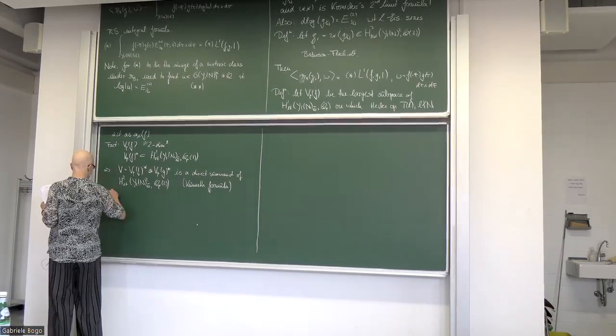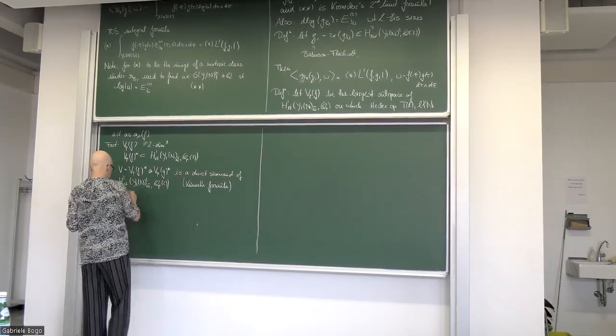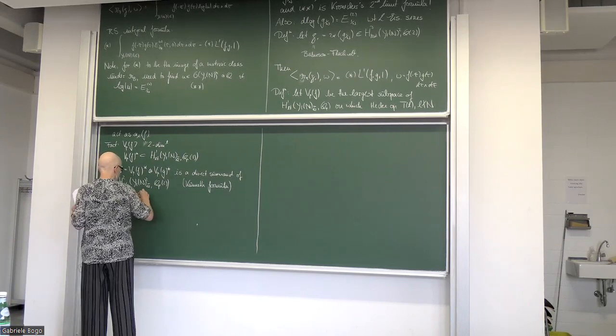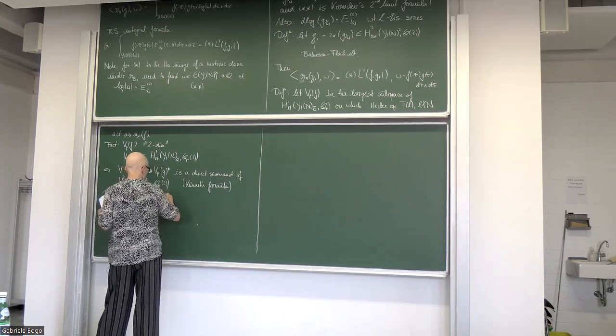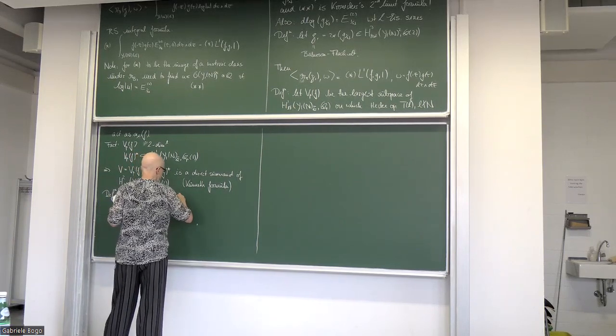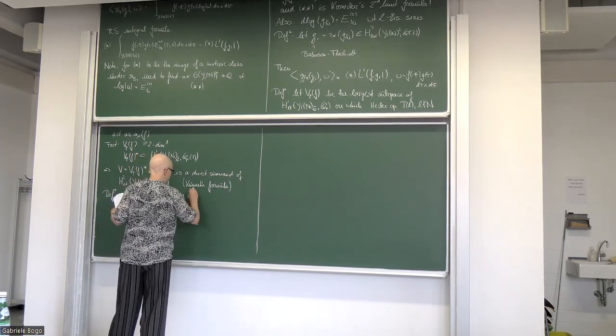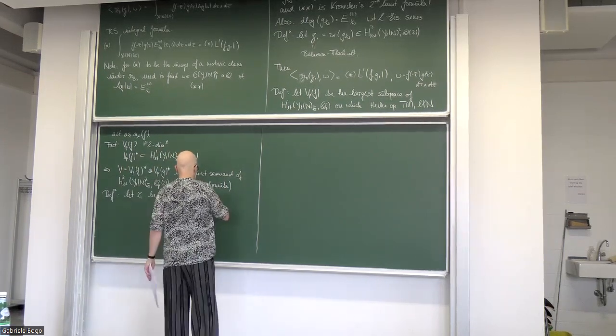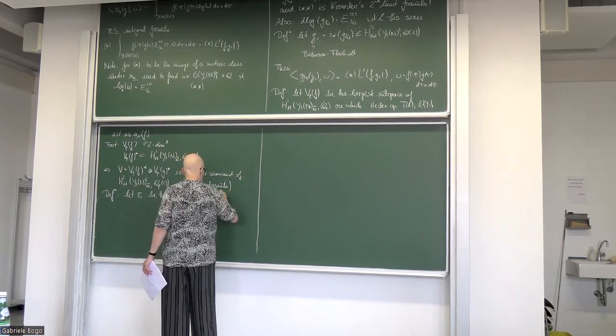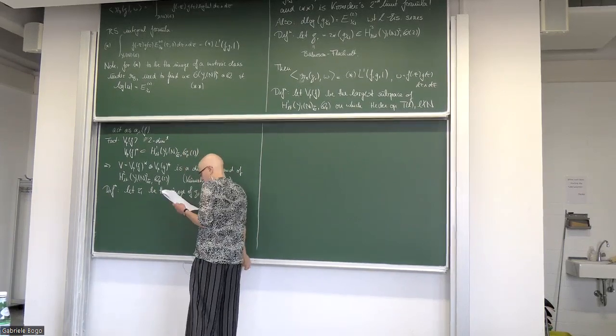So here is the definition. We let z_1 be the image of curly Z1 under the following composition of maps. What is this composition?